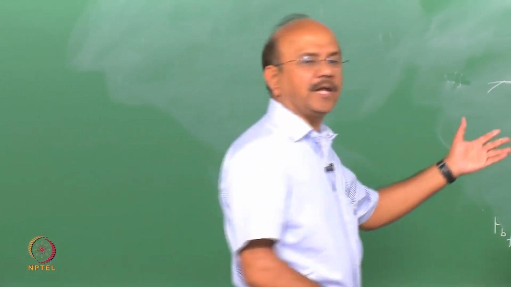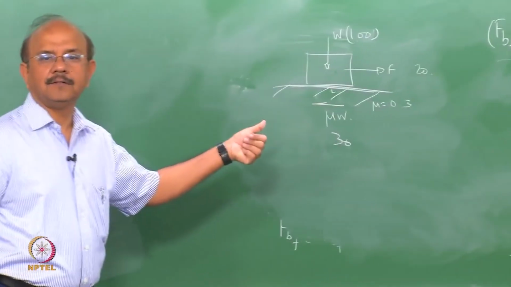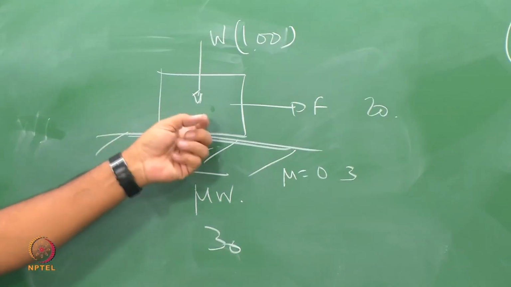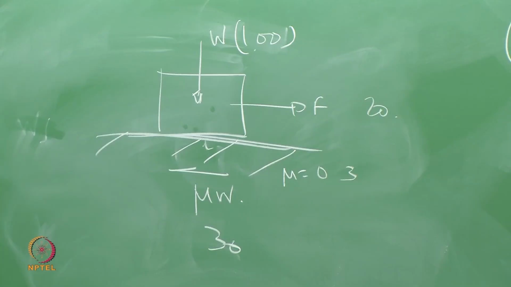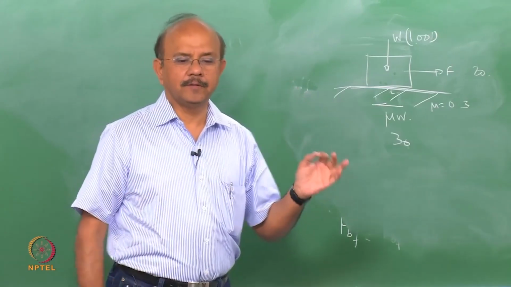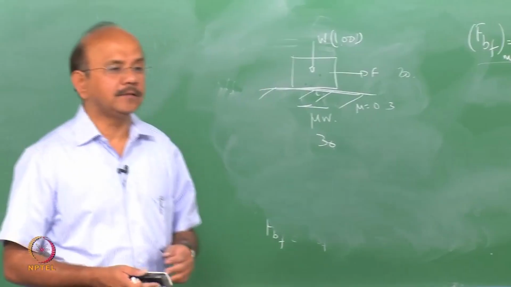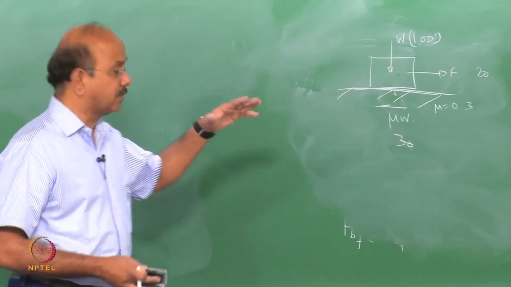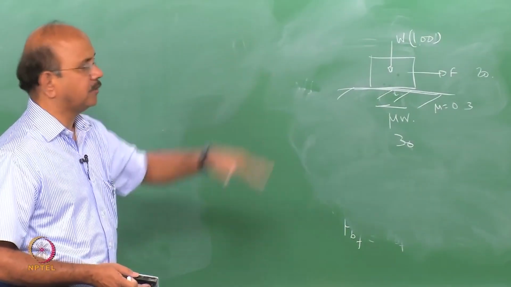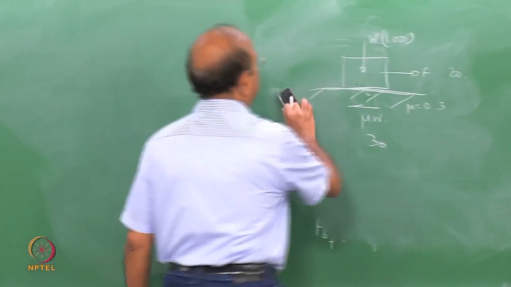Or else, if you substitute it as you like, you would get into trouble, and you will see that the block would start moving in the opposite direction, which is physically not correct. So this is one word of caution. Sometimes you get stuck when you derive it, and it's very important that you understand this.